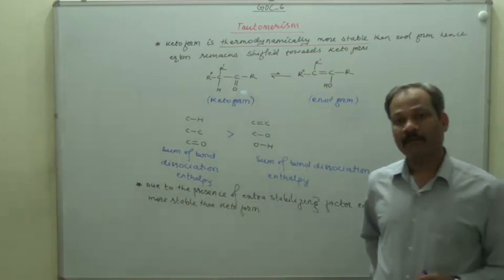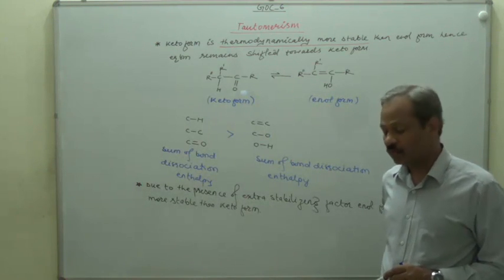Percentage of enolic form may become greater than that of keto form.